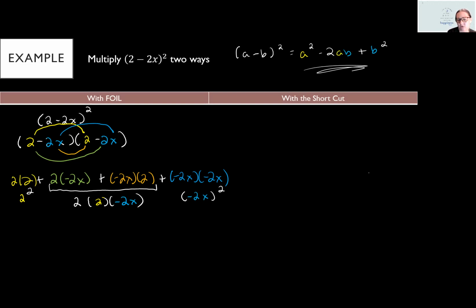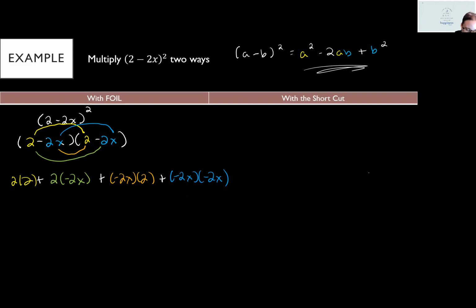So I just want you to notice the form of the FOIL and how it really does go to that form of the shortcut of a squared minus 2ab plus b squared. But normally if you're going to FOIL, you're not going to write any of this down. You would just go through and multiply these.